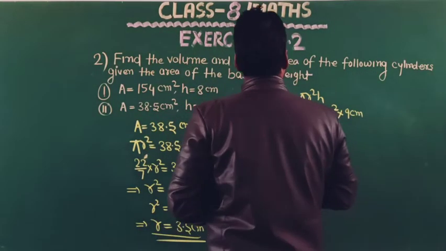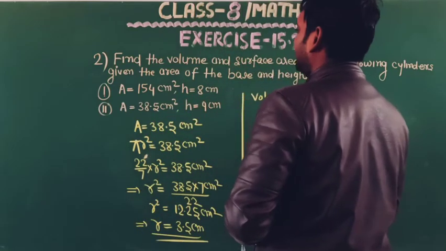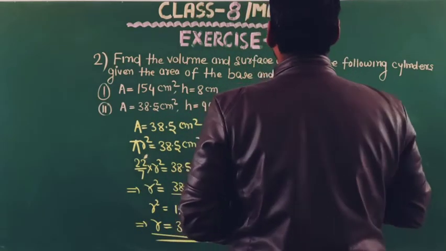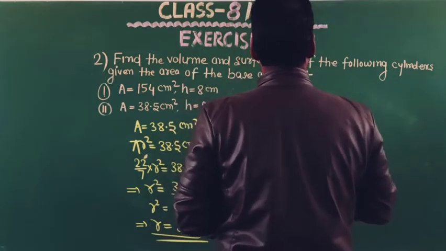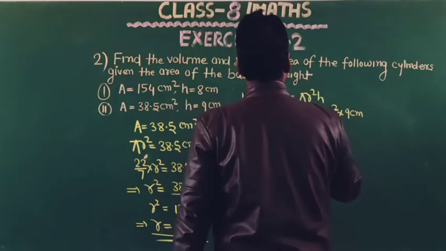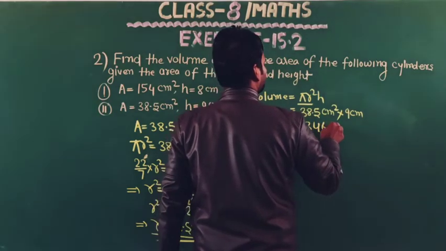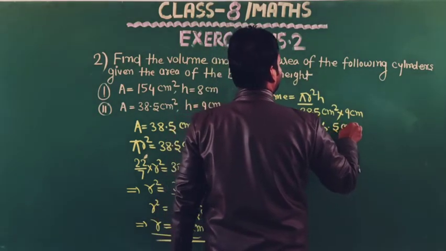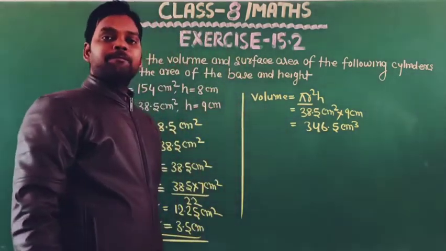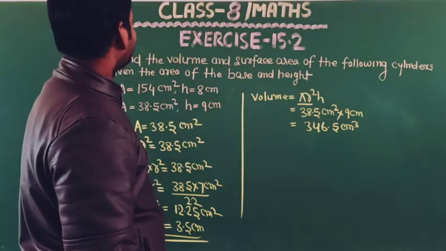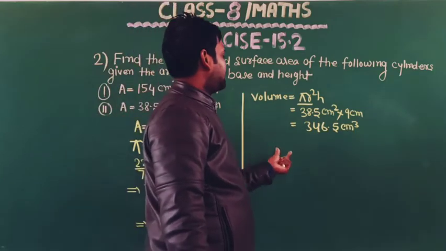Now multiply 38.5 by 9, so we will get 346.5 centimeter cube. This is the volume of the cylinder.